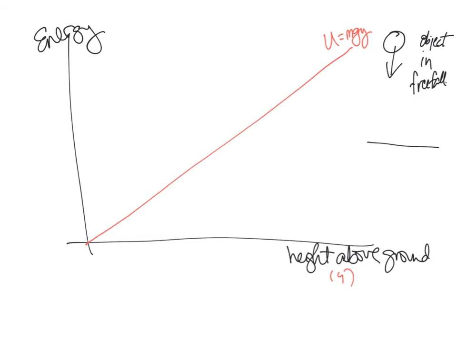All right. If we wanted to talk about just the total energy that this thing has, we can think about where it starts. There's some kind of y maximum that it has.